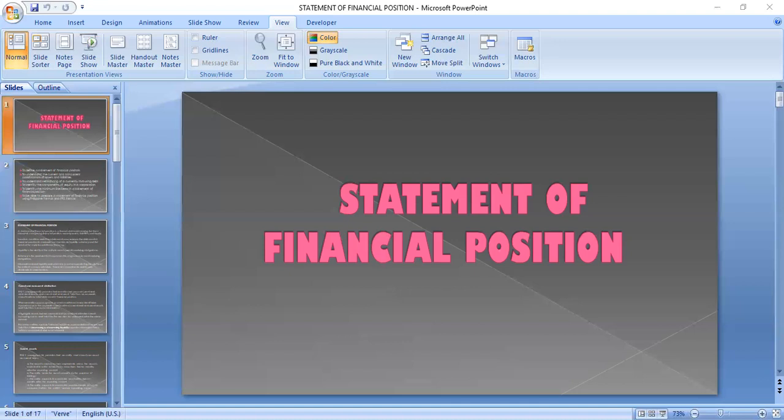Now, these are the two conditions considered to be contingent liability, and it's not an accrued liability yet, it's still considered to be contingent.